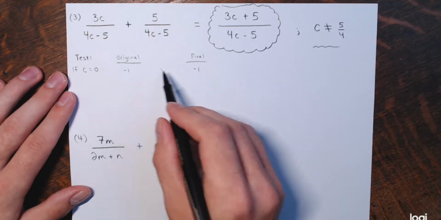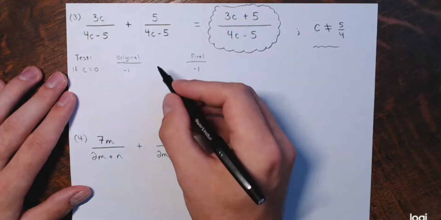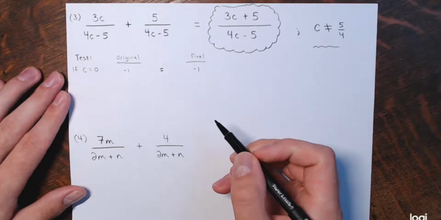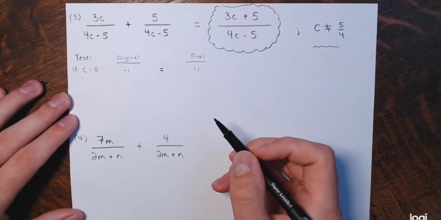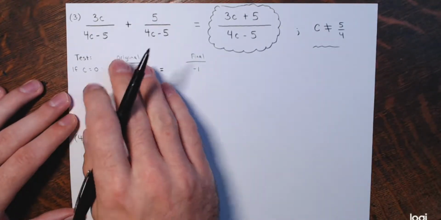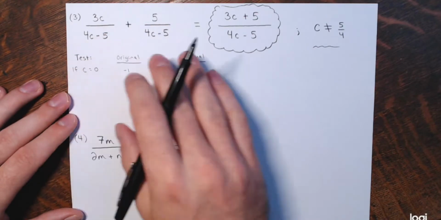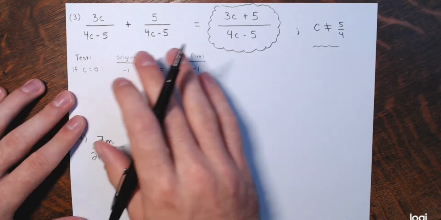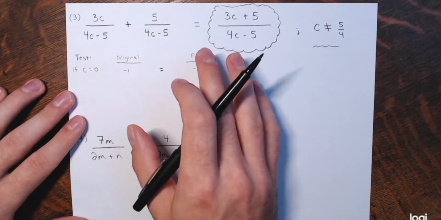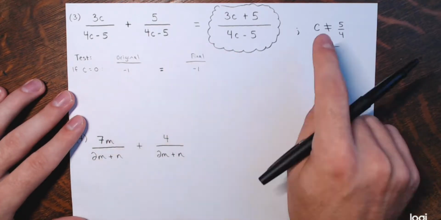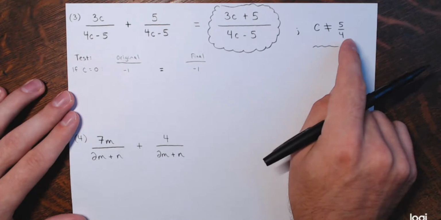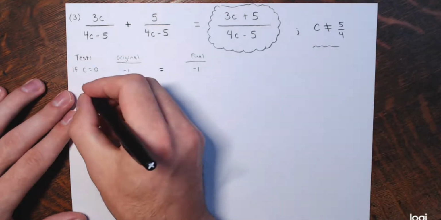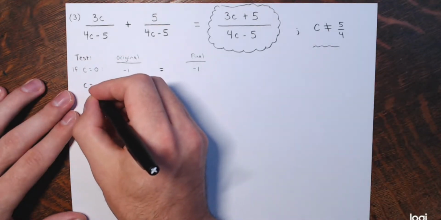Great, they are the same. They are equal when c is 0. And it should be the case: the beginning expression should be exactly the same value as the final expression for every allowable value of the variables. So every value except 5/4. So let me just do one more. How about if c were 1?